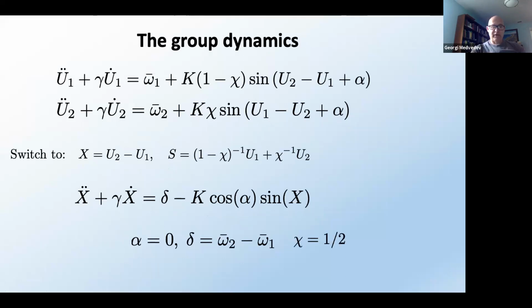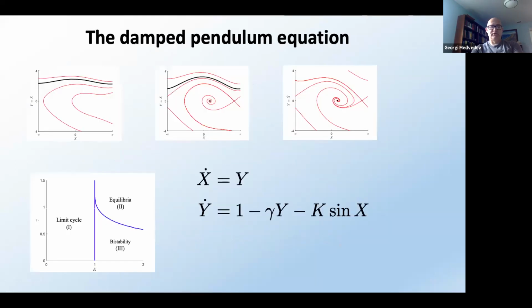To study this system a bit more, we go to new variables. In particular, if you take the difference between U2 and U1, as was noticed in previous works, this difference satisfies the damped pendulum equation. This can be understood by standard tools from nonlinear analysis, phase plane analysis, and a little bit of bifurcation theory.